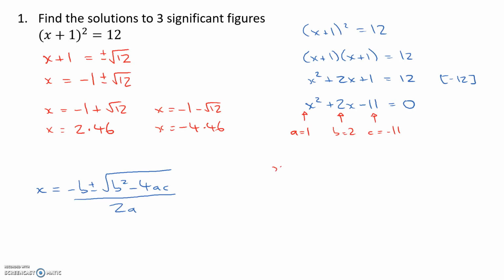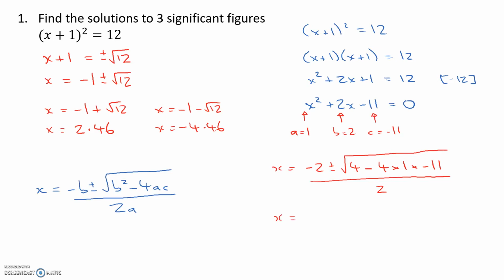We know that x equals negative b, that's negative 2, plus or minus the square root of b squared, 2 squared, which makes 4, subtract 4 times 1 times negative 11, all over 2a, which is 2.